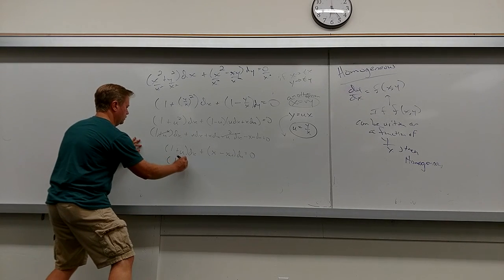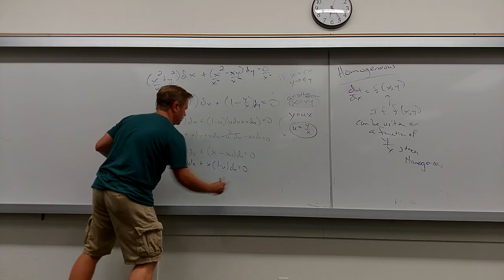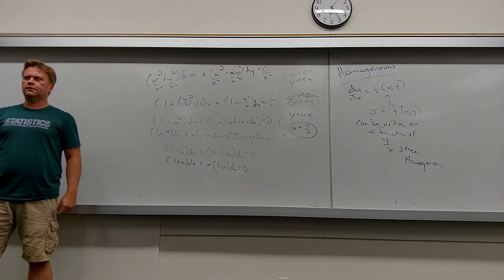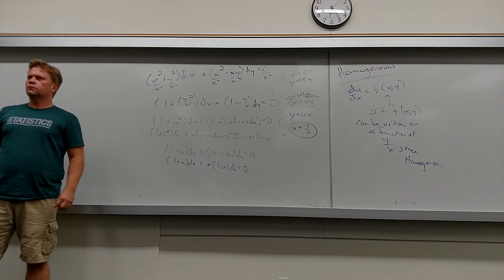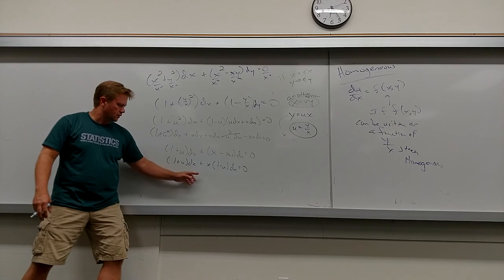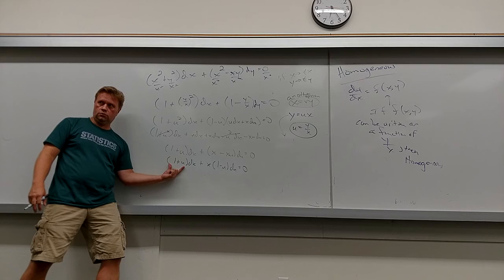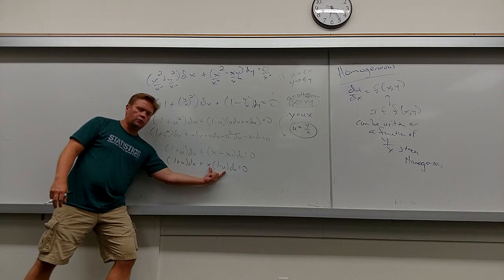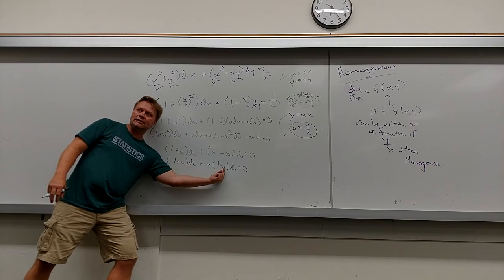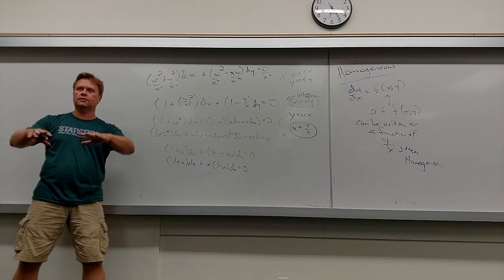So 1 plus u dx plus x times 1 minus u du equals 0. Is it exact? Well, let's see. Partial with respect to u is 1. Partial with respect to x is negative u. 1 minus u, right? So not quite. It's not exact.